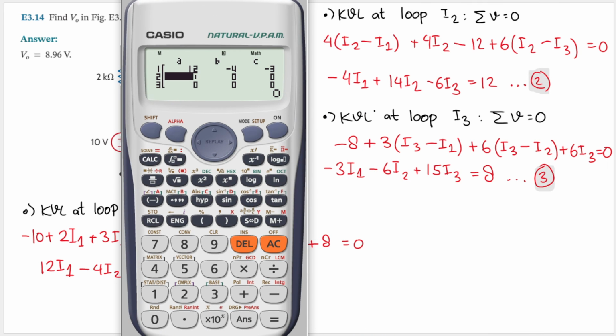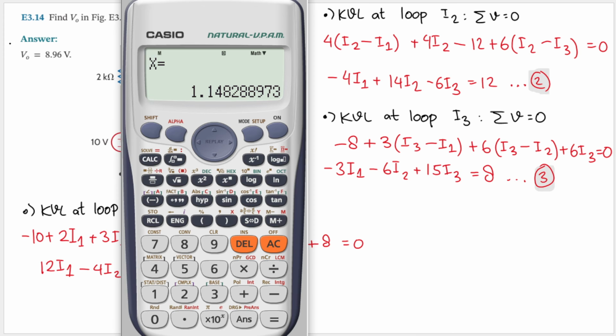And then for the second equation, we will have minus 4, and then 14, and then minus 6, and then the constant term is 12. Good. And for the third equation, we will have minus 3, minus 6, and then 15, and that will equal to 8.